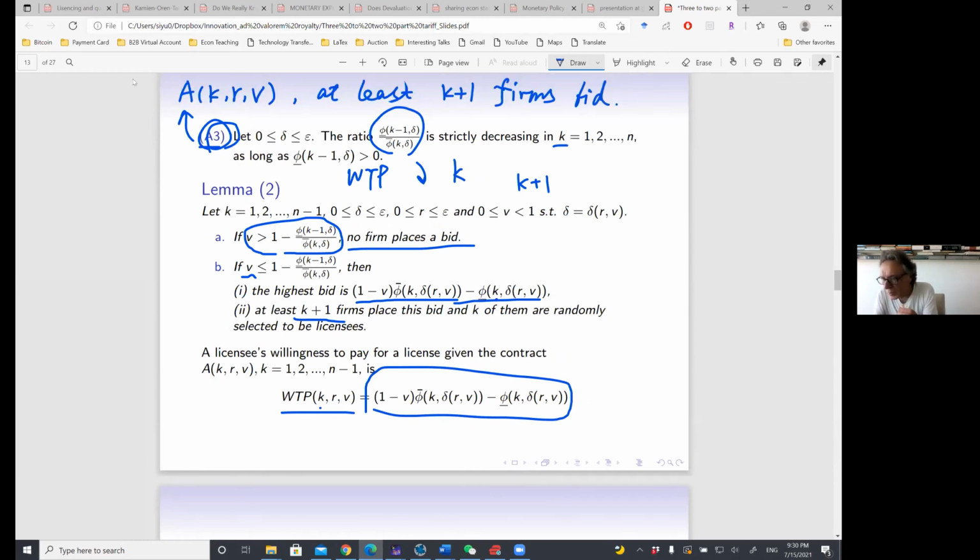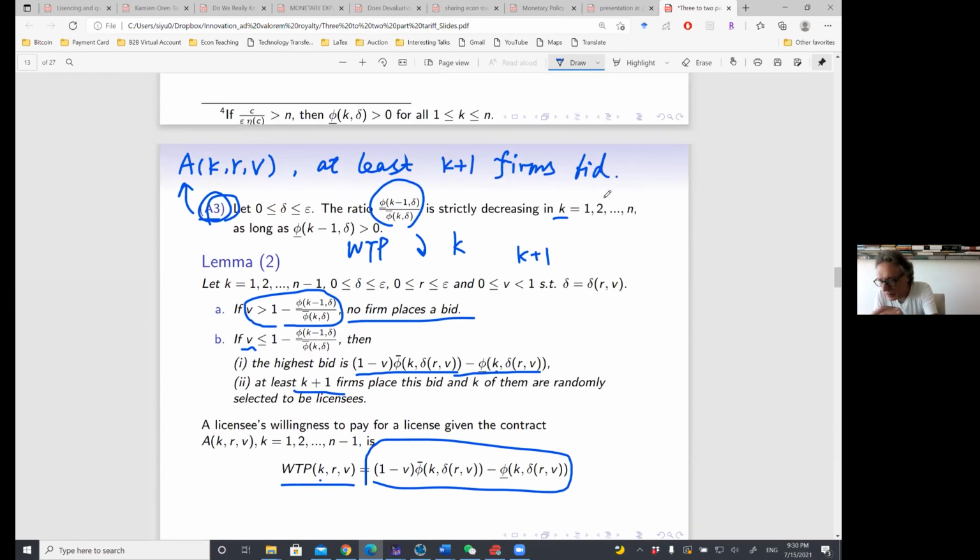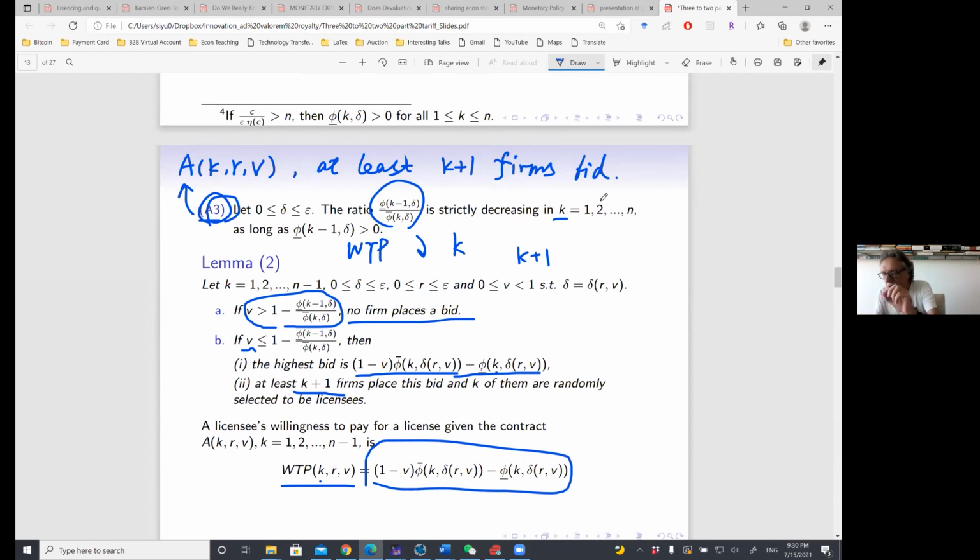You can show that, given the willingness to pay of N, if you charge it, you have to set it up differently, because there's no auction. Nobody will bid anything in this auction if you guarantee to give everyone a license. So they would put 0. So rather you set the willingness to pay as a fixed upfront fee: you pay me plus the R and V, and you'll get the license.